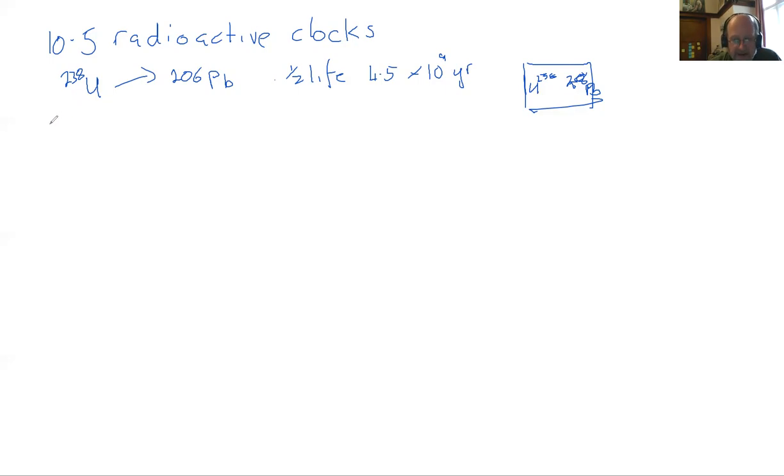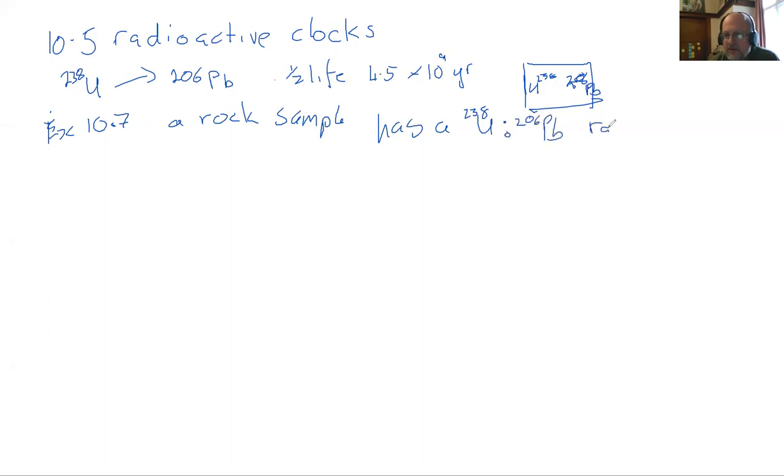So let's try it. Exercise 10.7. We have a rock sample that has a U-238 to lead-206 ratio of 1:1.